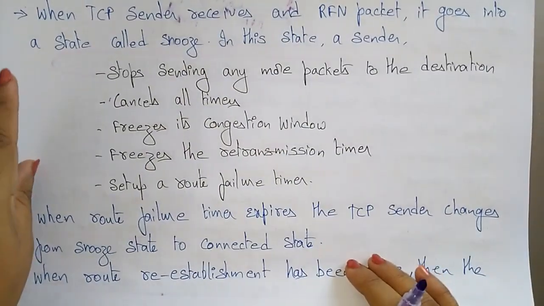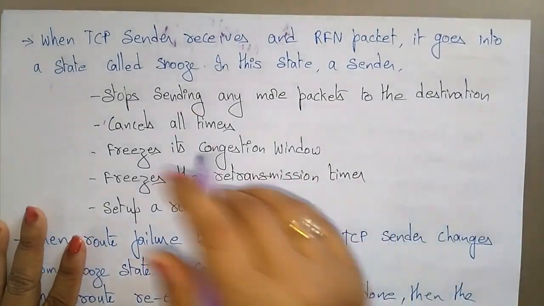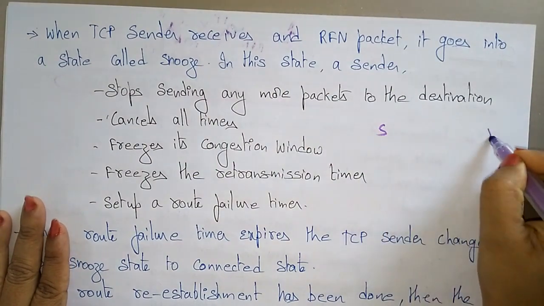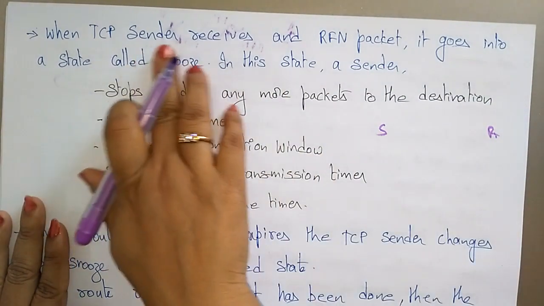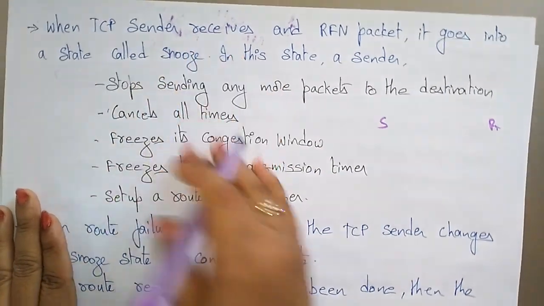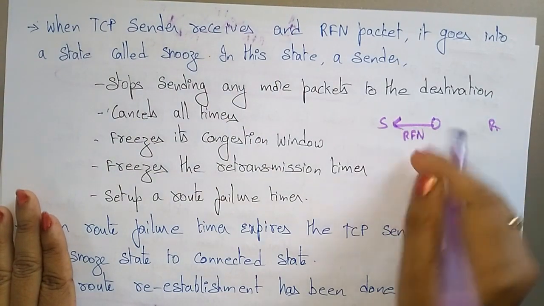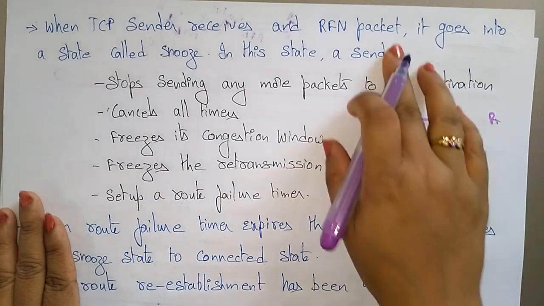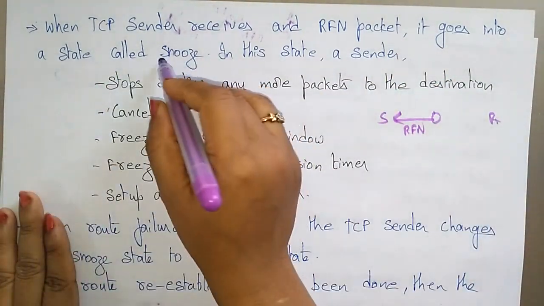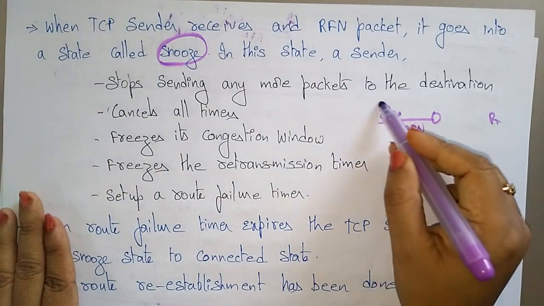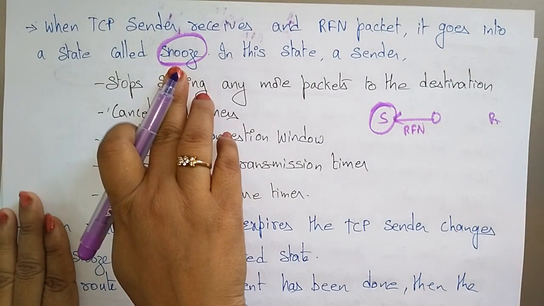So see here, suppose the TCP sender receives an RFN packet, root failure notification packet. This is the sender here and the receiver here. What does it do? It goes into a state called snooze. Whenever it sees the root failure notification, the sender enters the snooze state.